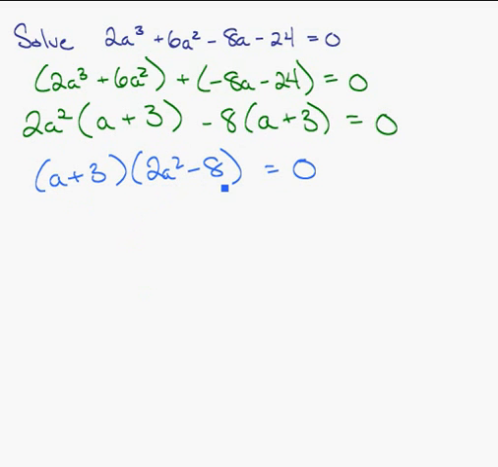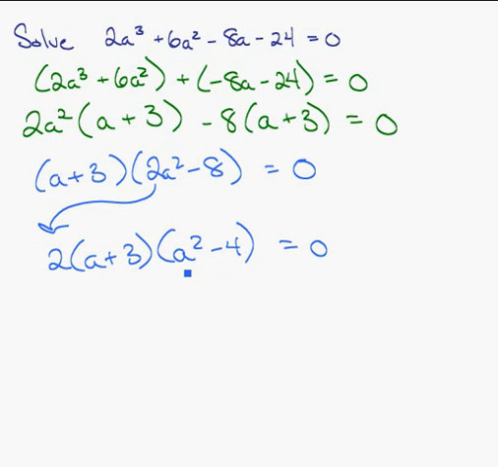First off, I can factor a 2 out of that parentheses. So I'm going to take the 2 and bring it all the way out front. Now what I have inside the second parentheses is a difference of squares, so you factor that out further. So I have a minus 2, a plus 2, that equals 0.